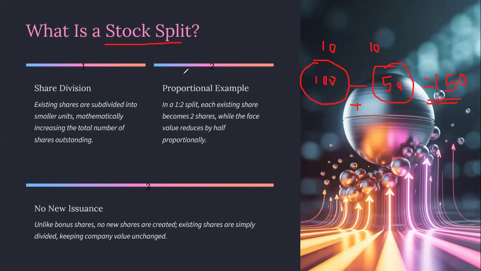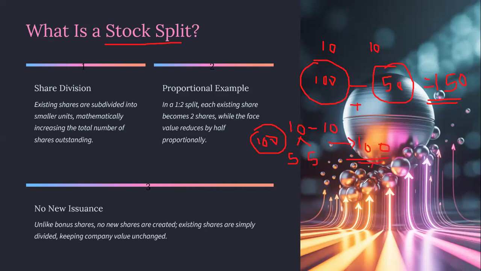But when it is stock split, what I will do is this 100 rupees, instead of having 10 rupees, 10 shares, I will split the face value and make it 5 rupees, 2 shares. So my value from 100 rupees will be 100 only.